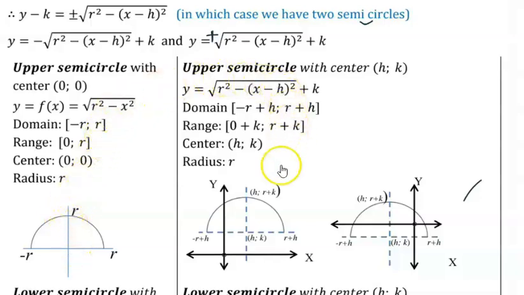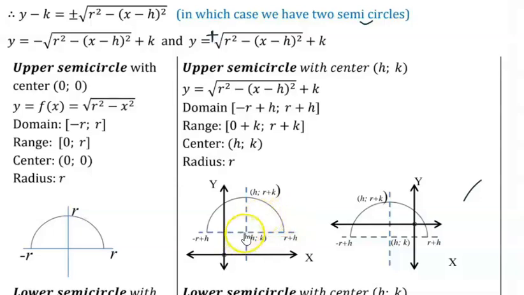And if I shift it, depending on where this (h, k) is, it can be anywhere on the xy axis. If it's there, then from there onwards I will move my r to the right and r to the left, and then I'll get the boundaries h minus r and h plus r.